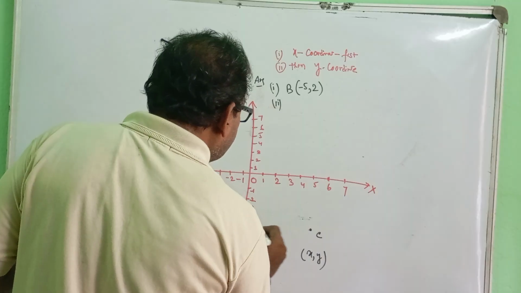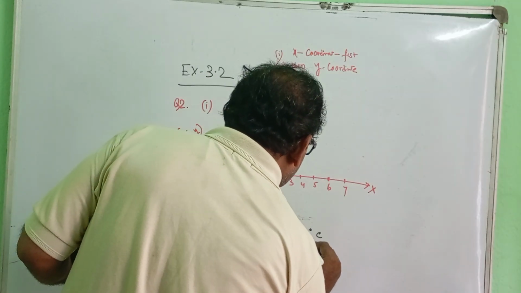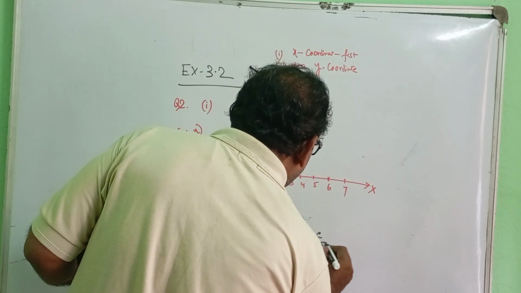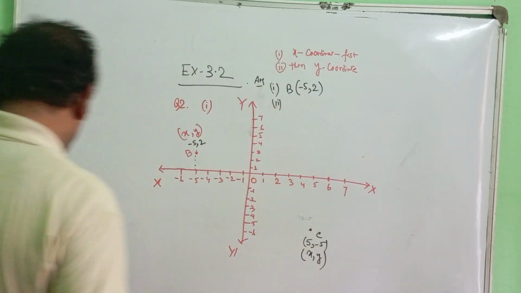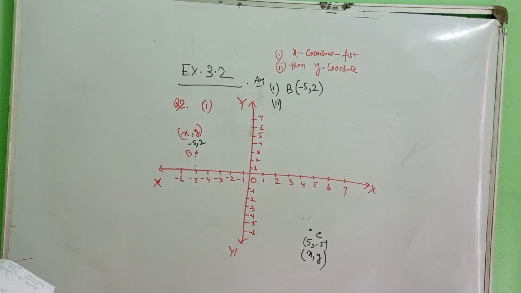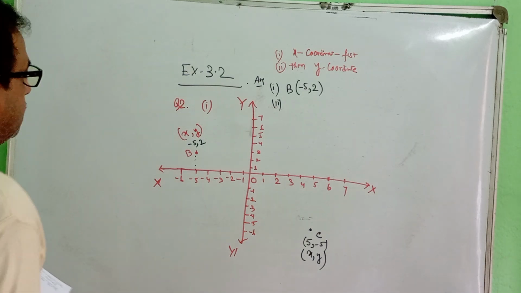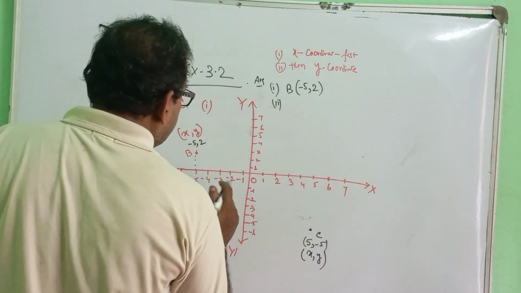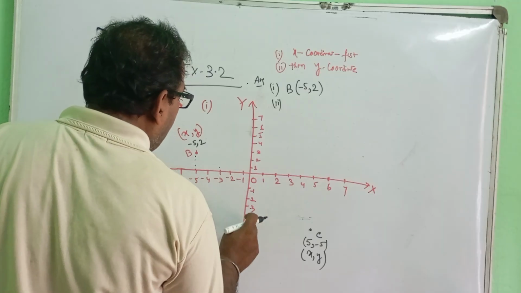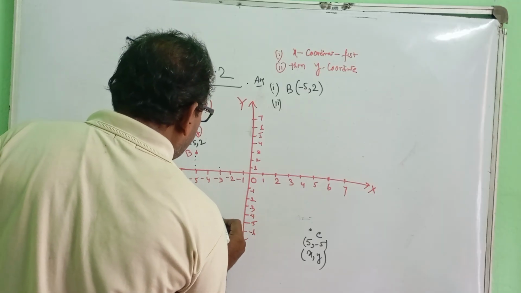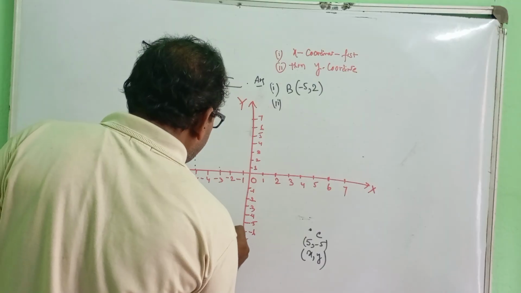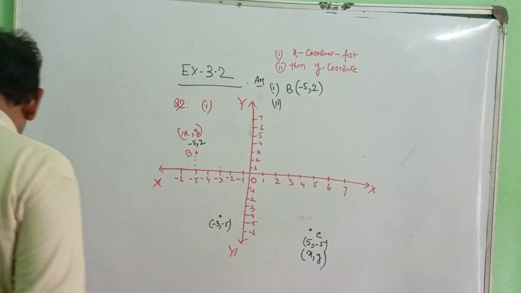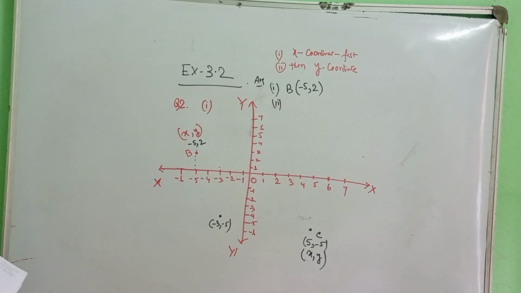Then y moves; this is minus, so it is 5, minus 5. Clear? Now the second thing, identify the point with coordinate -3, -5. Same thing: x is -3 and y is -5. So this is -3 comma -5. This is the answer to question number 3.